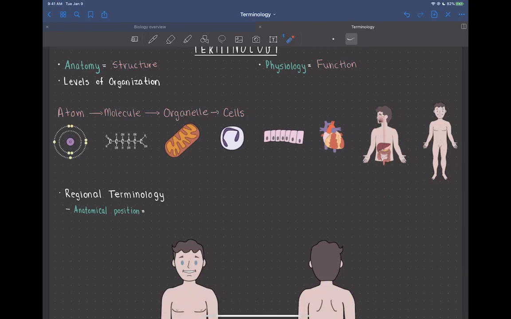You could have neurons, which are types of nerve cells. You could have muscle cells. You have lots and lots of varieties of different kinds of cells that do different functions in the body. And if you have many of the same type of cell working together, that is called a tissue.